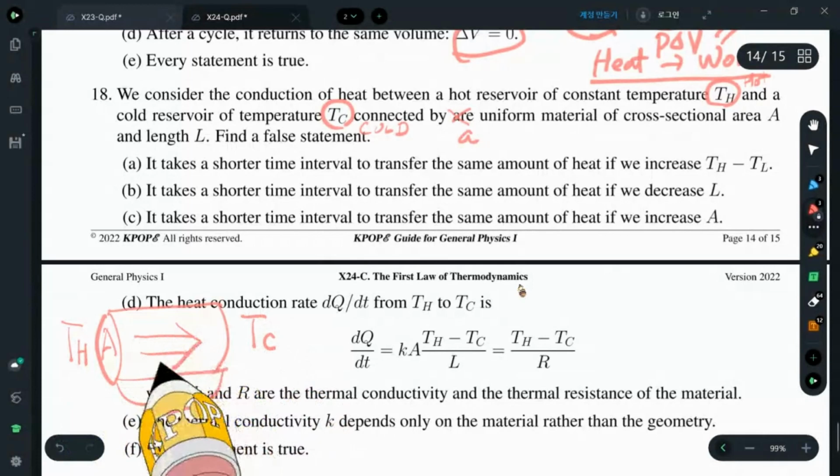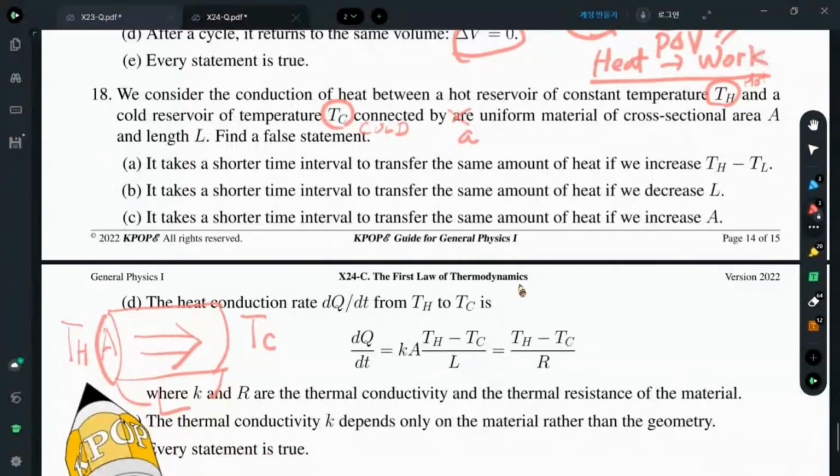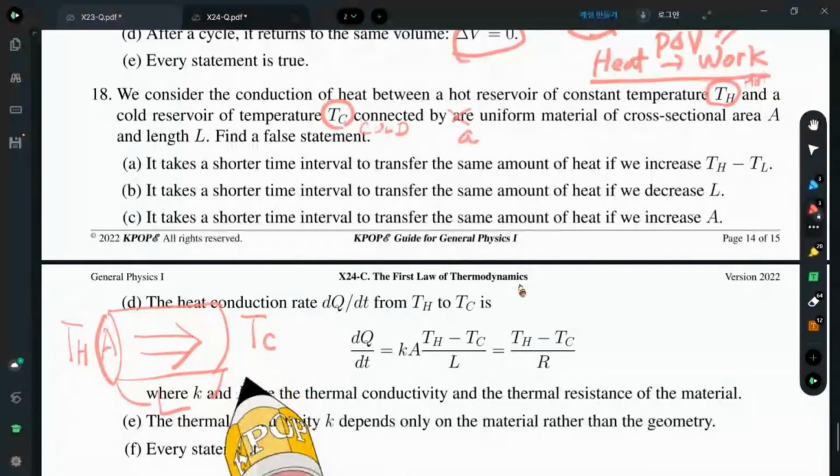The heat is transferred from the hot heat reservoir to the cold heat reservoir.